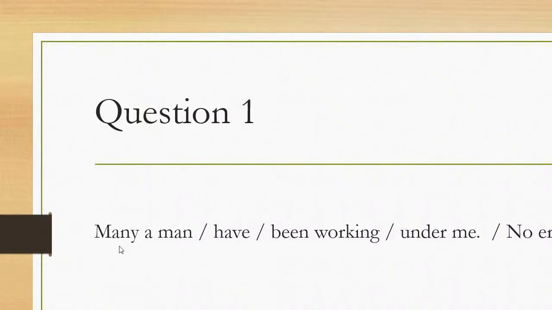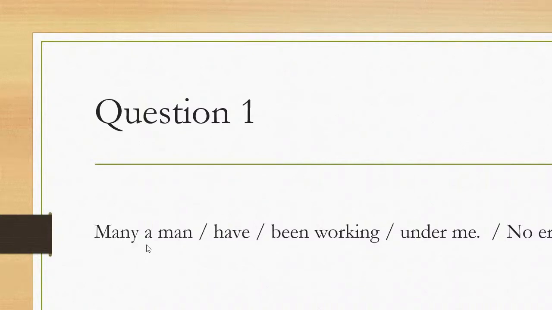Now here, there is an expression in English called "many a," which is almost close to saying "many," but the expression "many a" is always singular. It is never plural, and the construction "many a man," though it seems quite odd to speak or write, is perfectly correct in terms of usage.